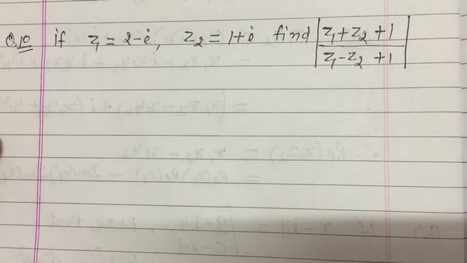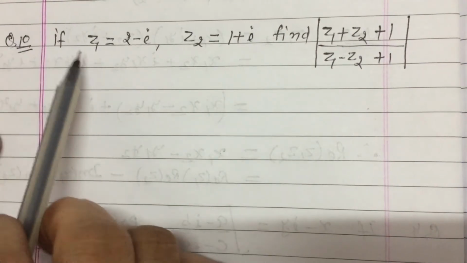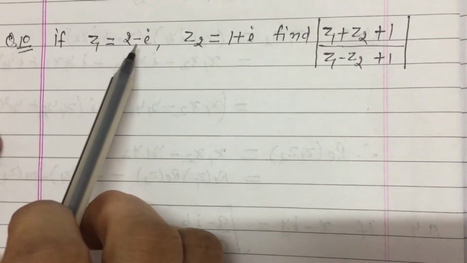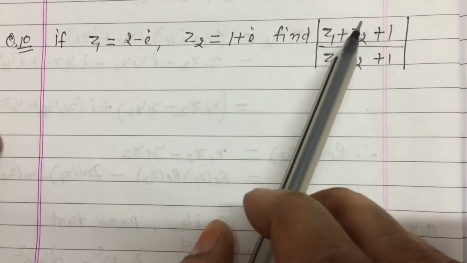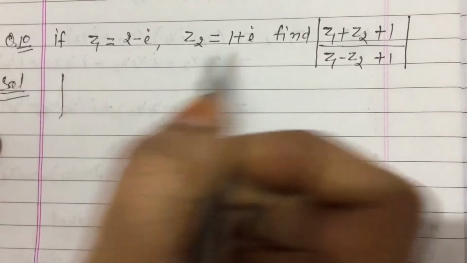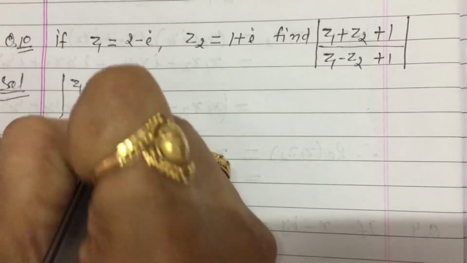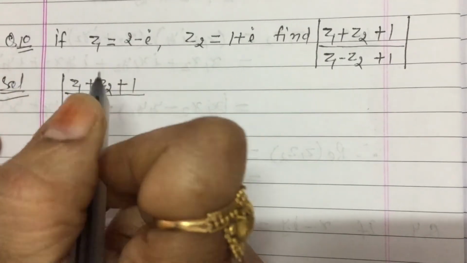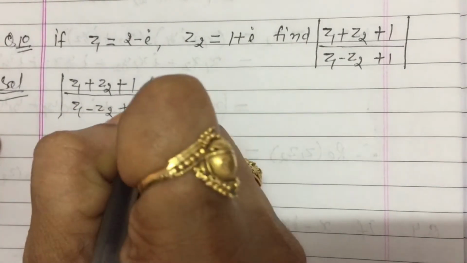Now students, I am going to solve question number 10. Here, if z1 is equal to 2 minus i, z2 is equal to 1 plus i, then find this value. So to solve this question, first write the given term z1 plus z2 plus 1, and in the denominator it is z1 minus z2 plus 1.